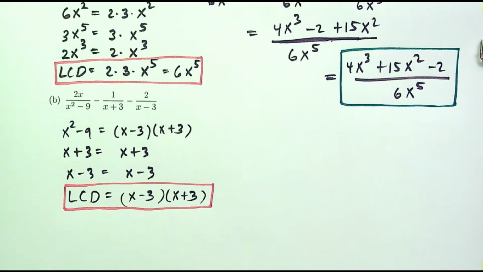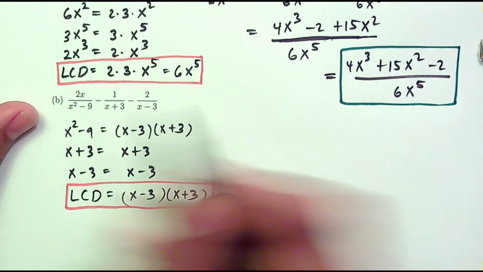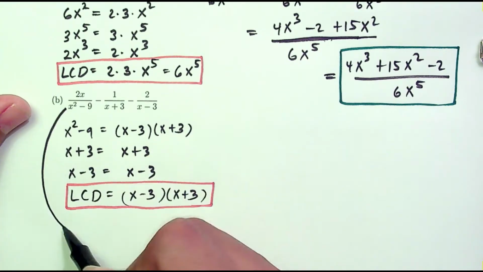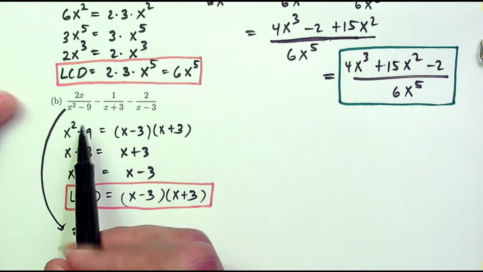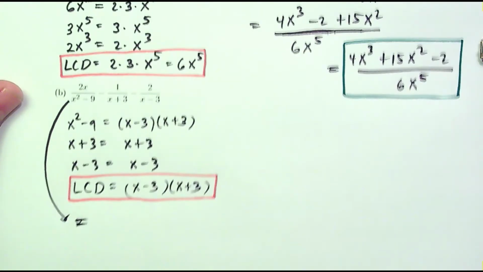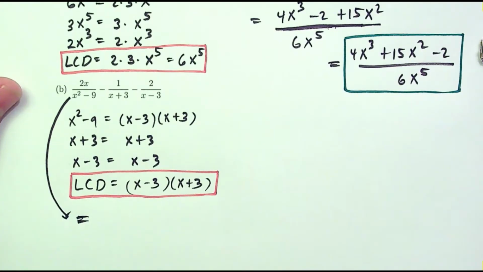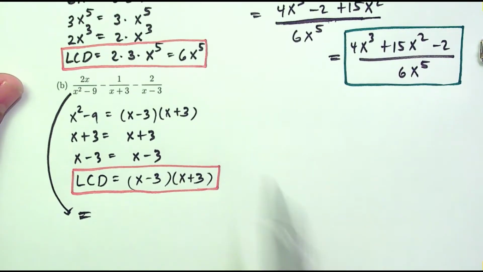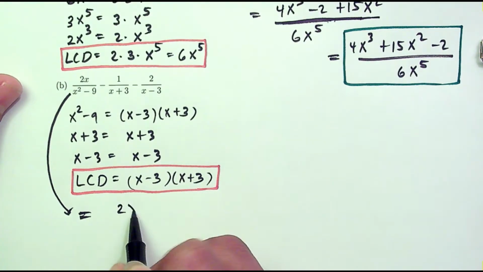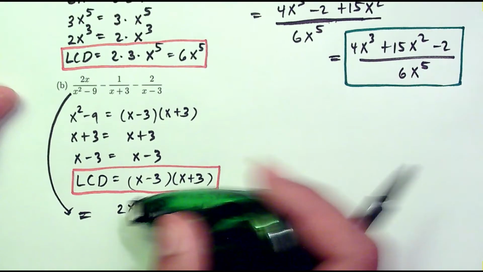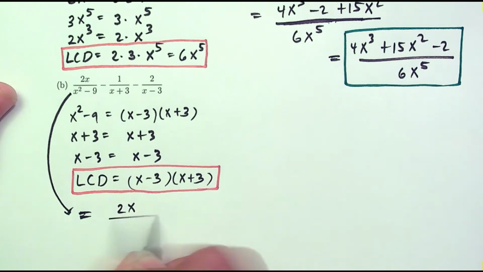Okay, so now we're going to convert. We're going to convert each of these fractions, rational expressions, into new fractions that have this as a denominator. So let me just copy this for my convenience here.